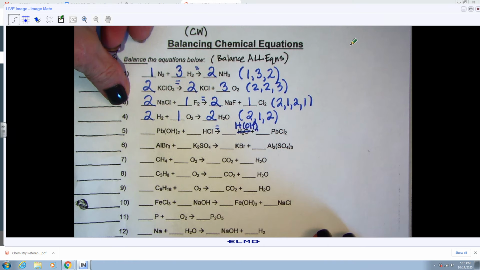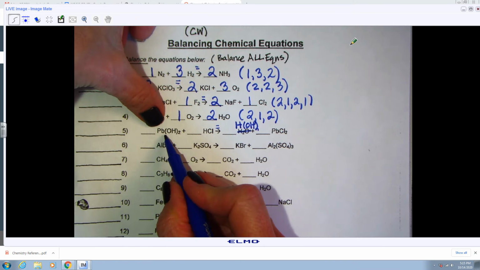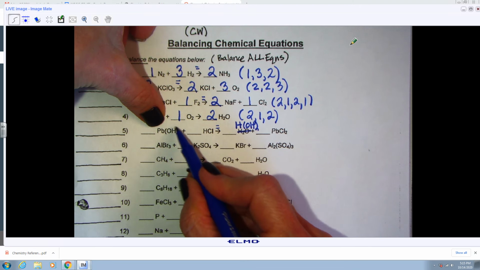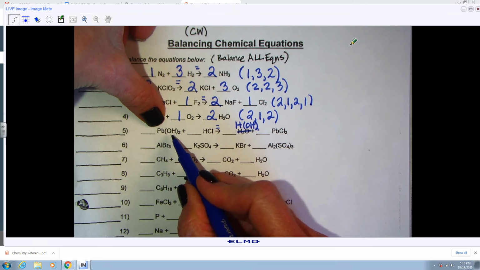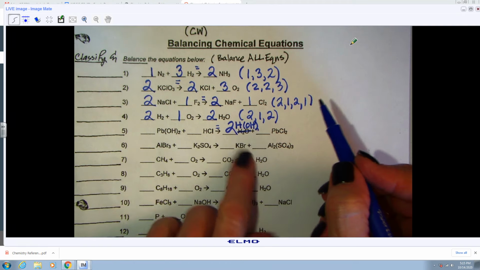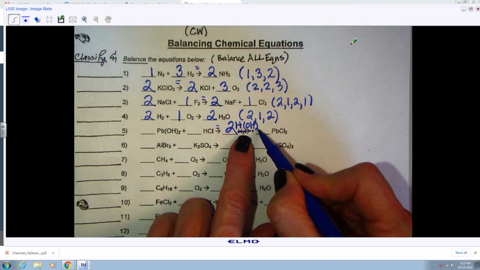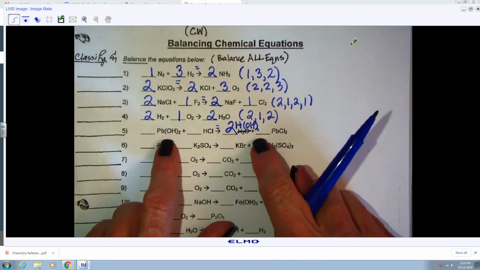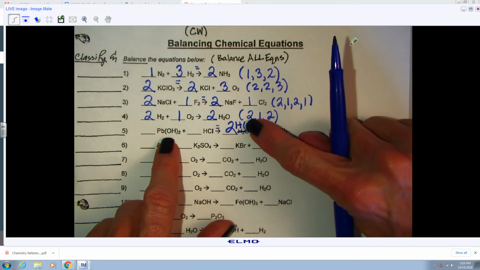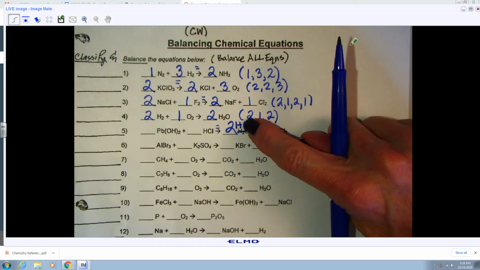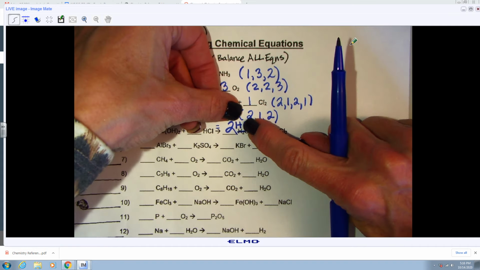All right, so let's start balancing now. I have 1 lead here and I have 1 lead here. As I said, I have 2 hydroxides on this side, so if we put a coefficient 2 in front of where the water is, that 2 distributes over to the 1. Needs to be 2 hydroxides on that side. So I have 2 hydroxides on each side. Now let's cover up the hydroxide. I have 2 hydrogens. 2 times the 1 gives me 2 hydrogens there, and there are the hydrogens in the front.